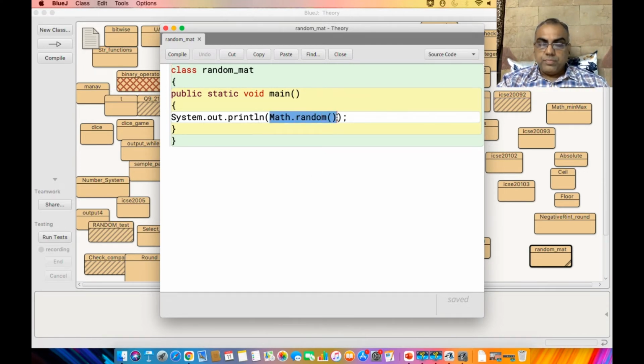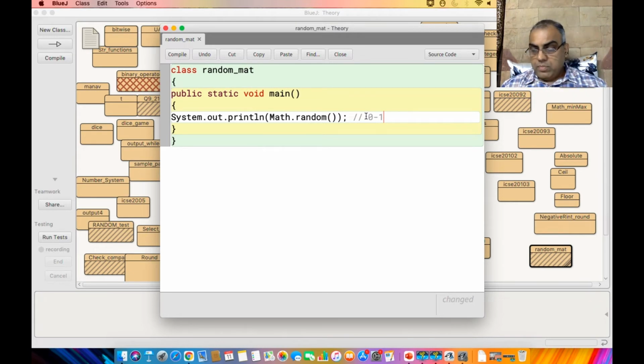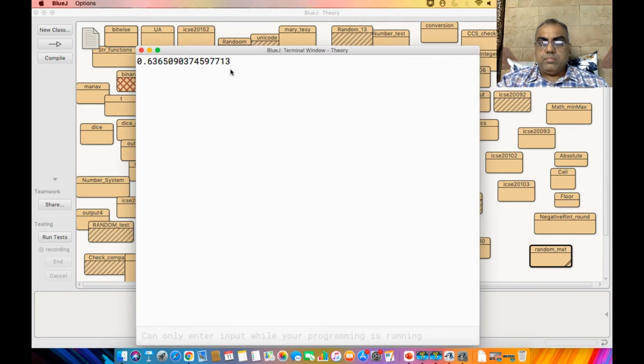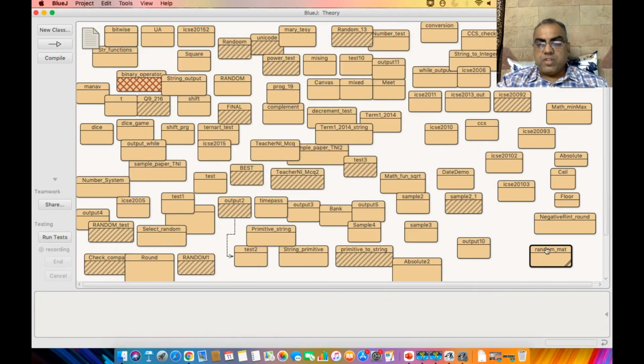Math.random. A random function will always return a decimal value between 0 and 1. It is neither going to be 0 nor 1. So if I run this program, you will find one random value has come. That's the first meaning of this function.